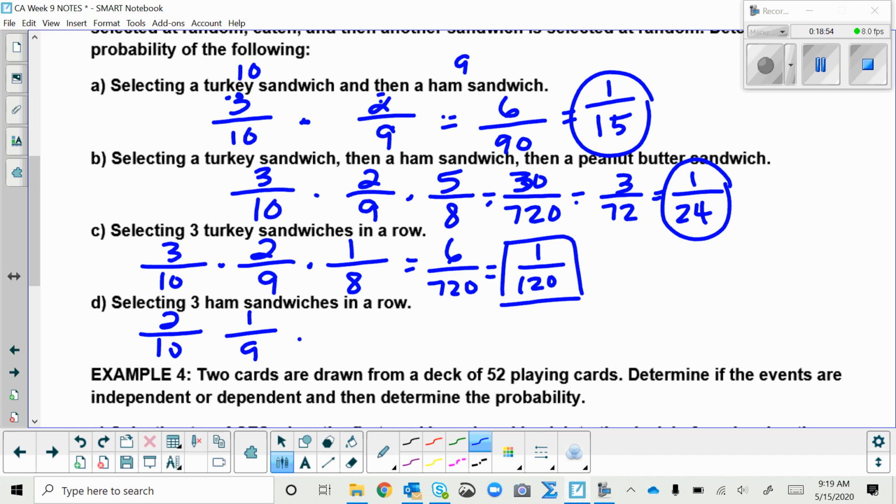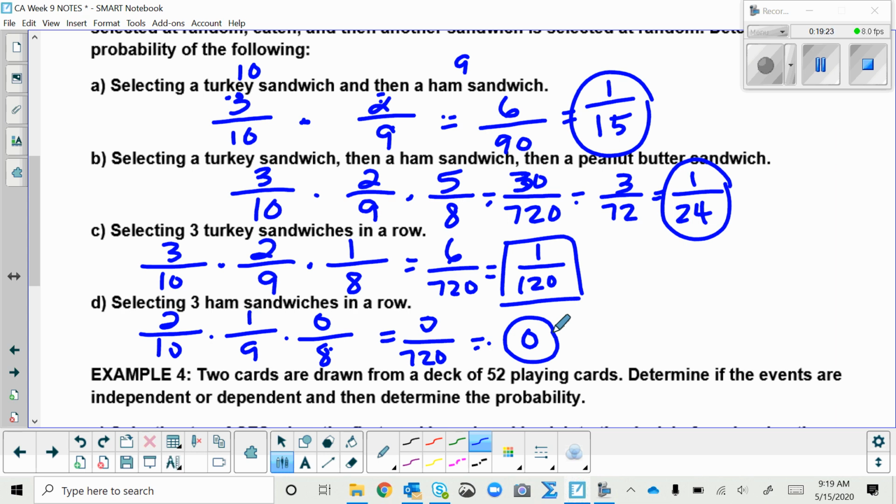Now you've removed 2 sandwiches, there's 8 left, but you've eaten both of the hams. There are 0 hams left. So when you multiply across the top, you get 2 times 1 times 0, which is 0. And on the bottom, you still have 720. And what is 0 divided by 720? 0, absolutely. So that's 0%, 0 chance that you're going to get 3 ham sandwiches.